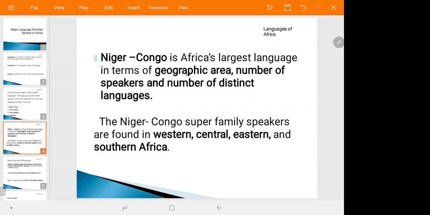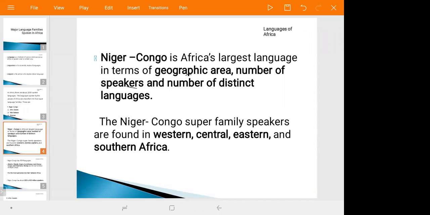It covers the largest part of Africa, and also the largest by the number of speakers in Africa. And also it's the largest by the number of distinct languages. By the number of distinct languages, Niger-Congo is the largest in the world.